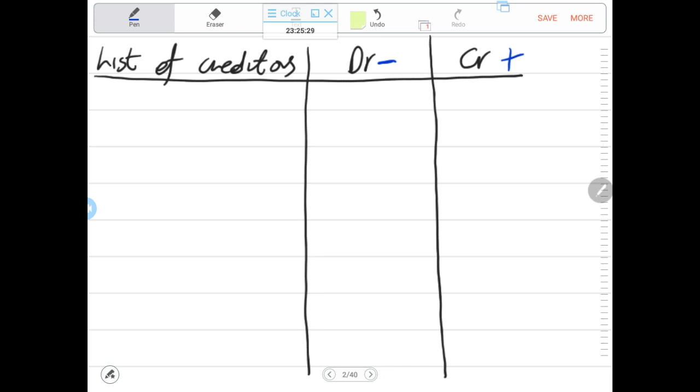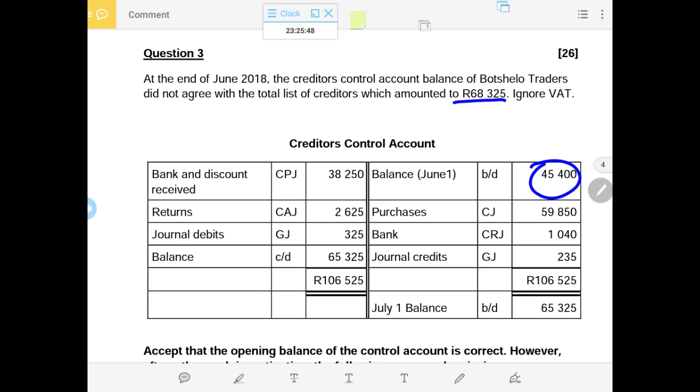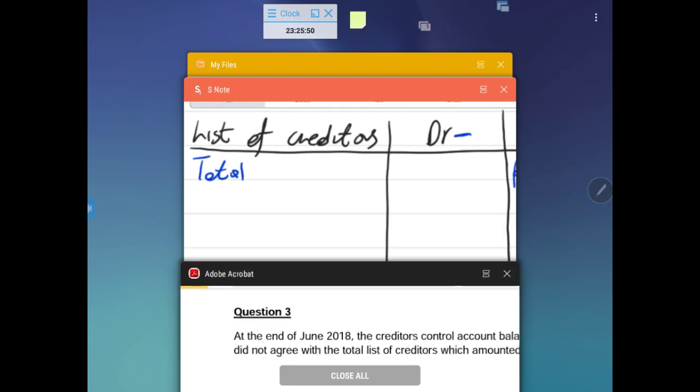Under our list of creditors, we don't write it as a balance. It's not in a specific account. We're just using the column approach, the debit and the credit. It was 68,000. Let's just verify that it was 68,325.